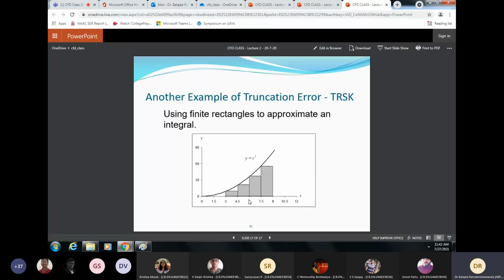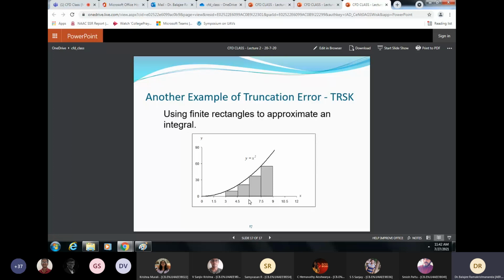In the other case, you can reduce the error by having more rectangles or less delta x. Delta x becomes 1/10 of this 1.5, that is 0.15, or less than that, 0.015. You make that error reduce dramatically. Correct?